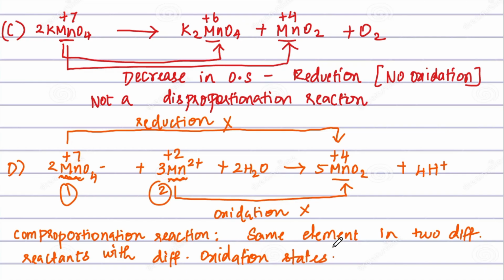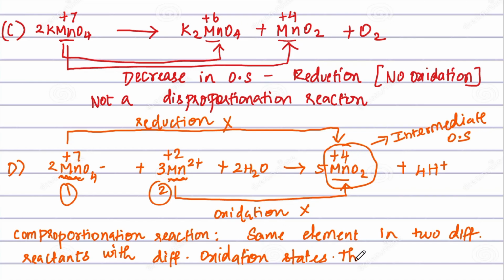So they both combine. These two manganese ions combine to form a single product. They form a single product in which the oxidation state of manganese is intermediate between the two reactants. So for one manganese atom it is plus 7 and for the other one it is plus 2, but in the product it is between plus 7 and plus 2. It is in the intermediate oxidation state plus 4.